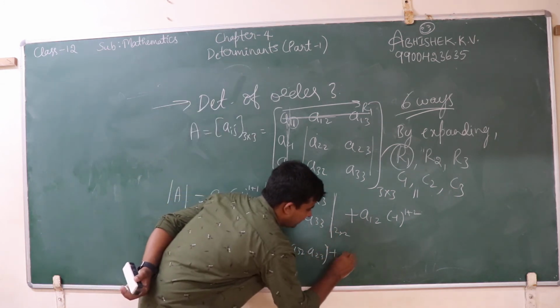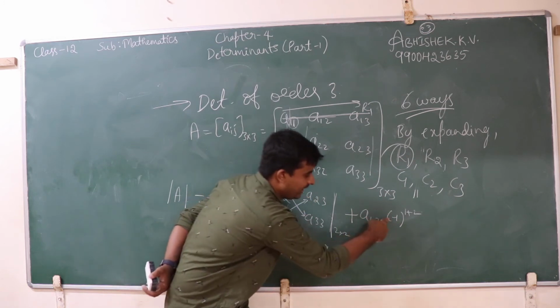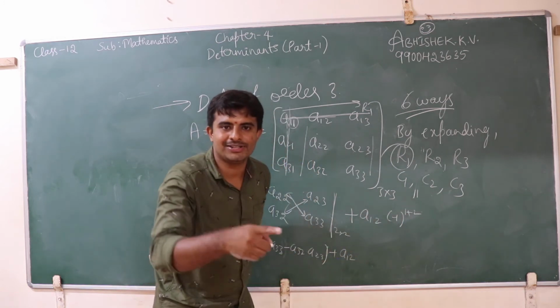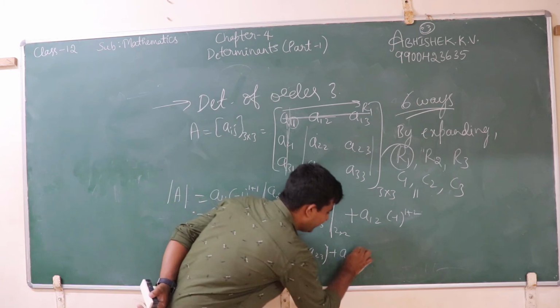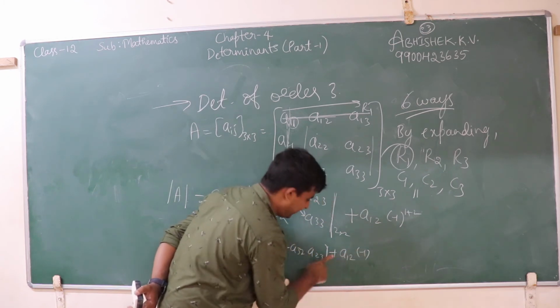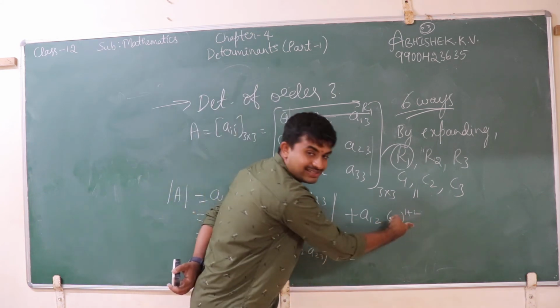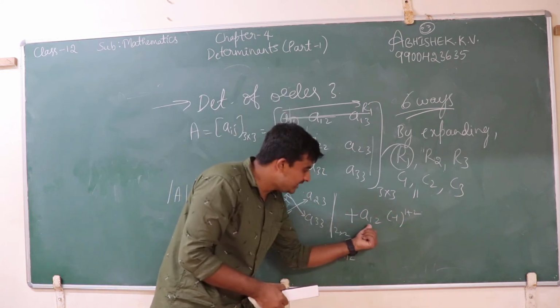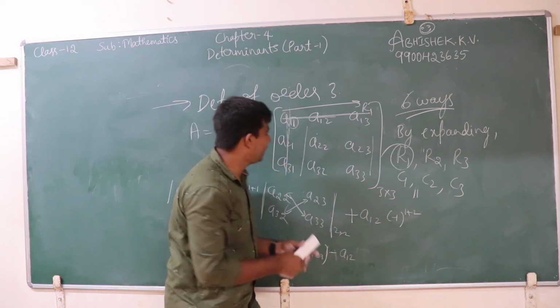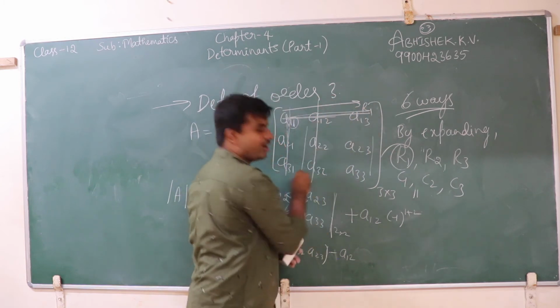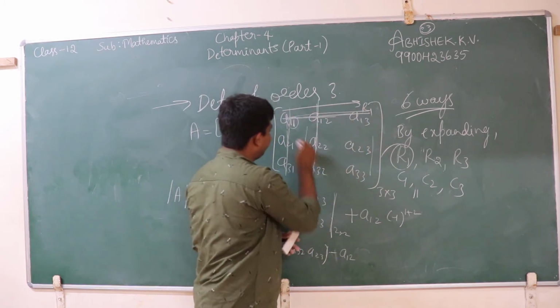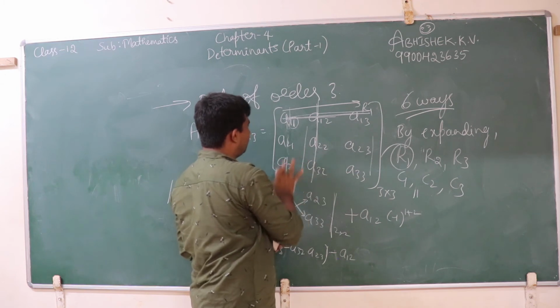Then plus A12 into minus 1 to the power of 1 plus 2, which is minus 1 to the power of 3, that is minus 1. Plus into minus is minus, that's all. Then next, by deleting the first row and second column, we are remaining with what now?